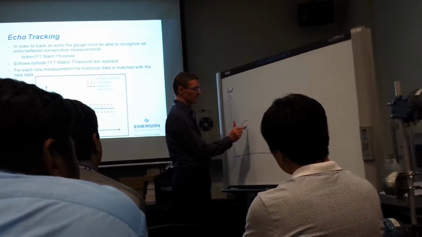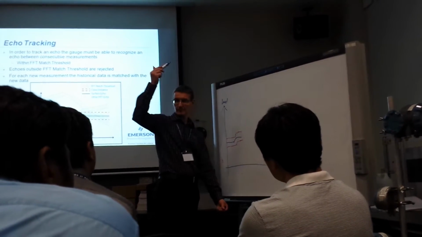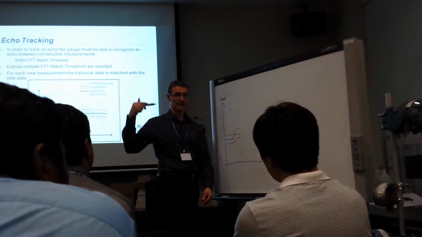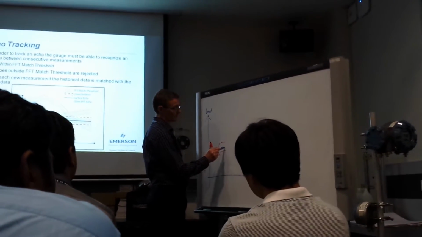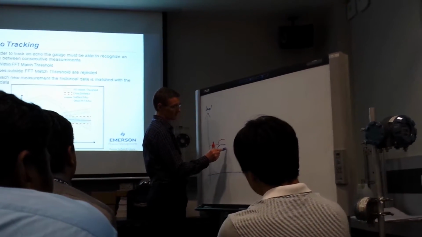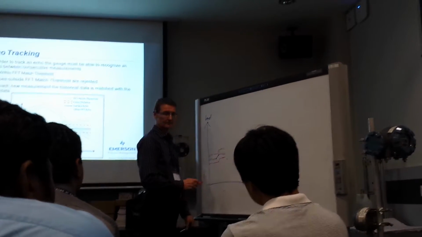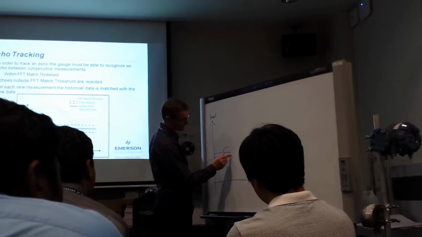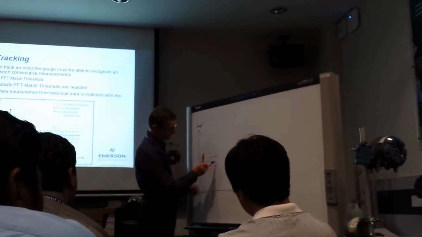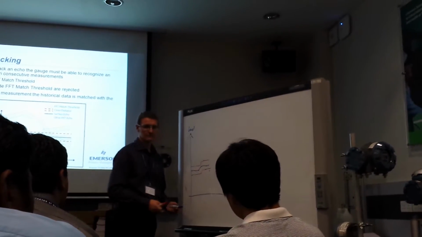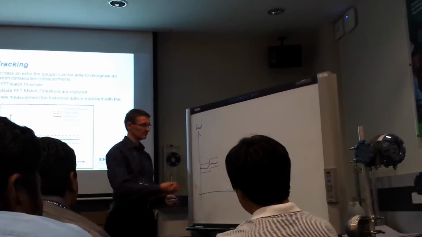Then we have the next scenario. If we talk about half a meter, it's quite a big jump, but we can theoretically analyze what could happen. We can take this one. From this point here, the level will suddenly be here. So what happens? Well, the gauge will detect that from this point here, it doesn't find the echo anymore.